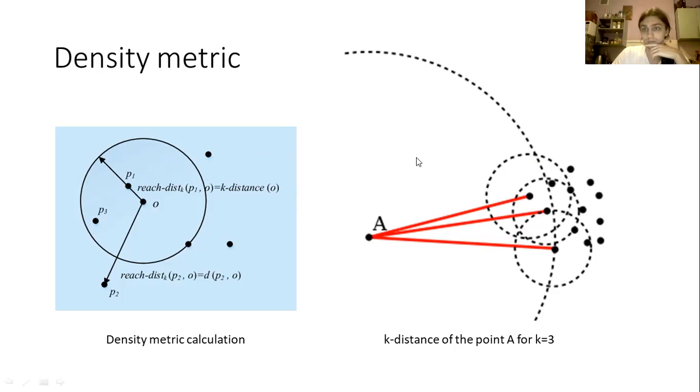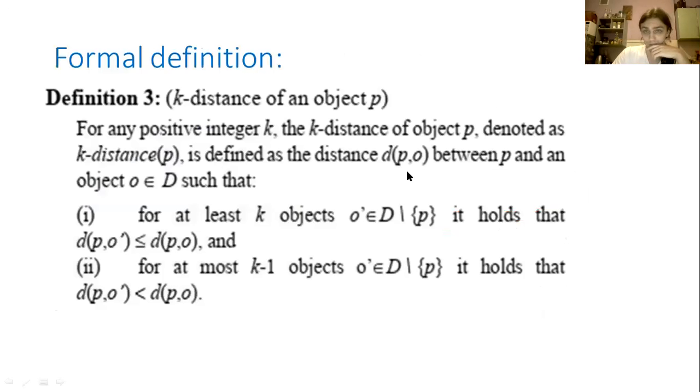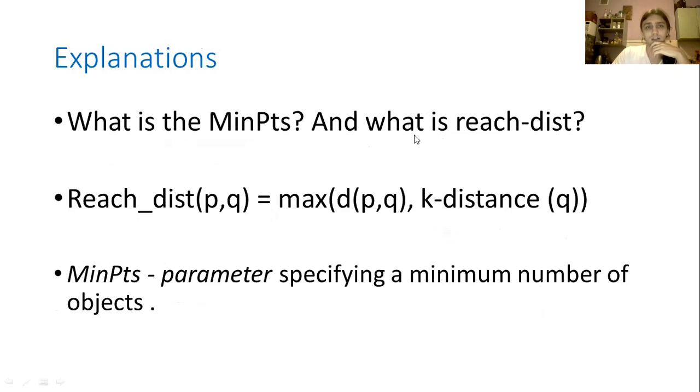Following this, we show a formal definition of k-distance. Actually, LOF has one parameter.